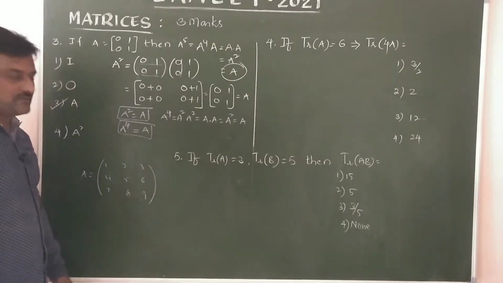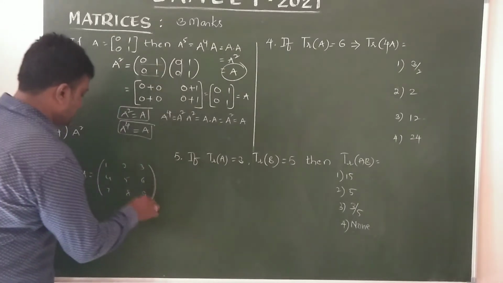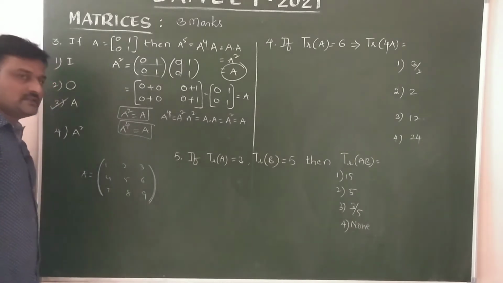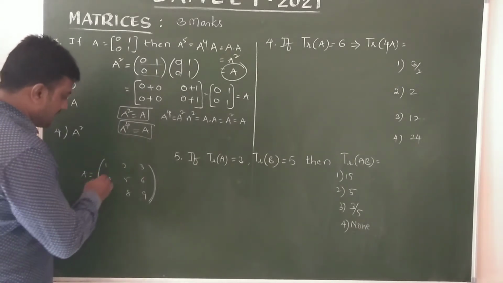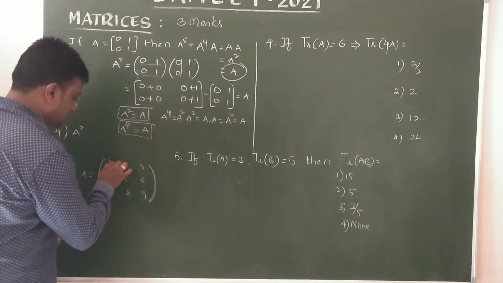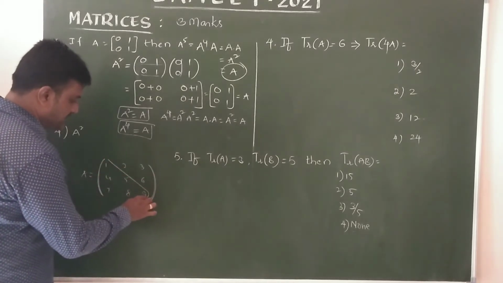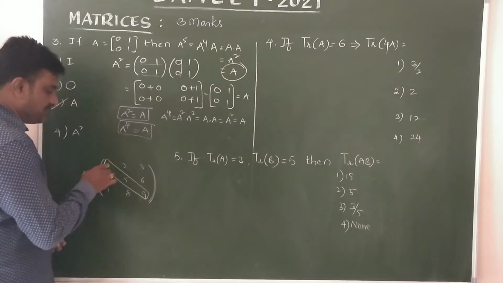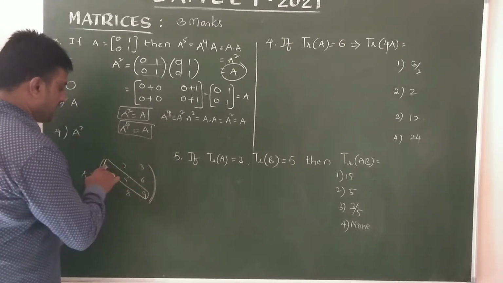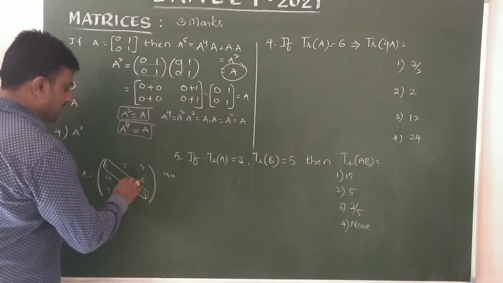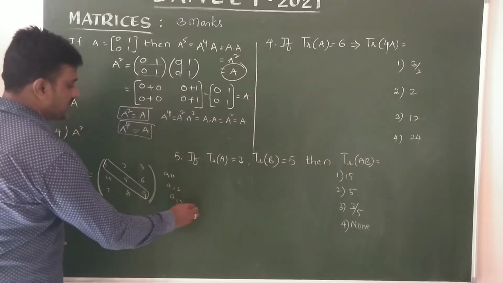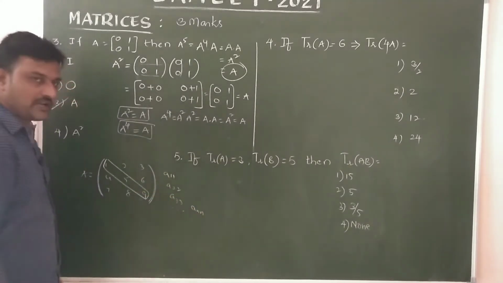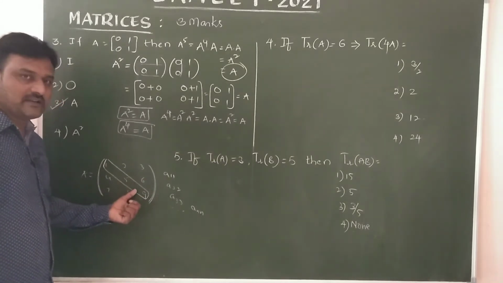We will get the trace only from a square matrix. Now trace is nothing but the sum of principal diagonal elements. It should be principal diagonal elements a11, a22, like this, a33, so on, ann, okay, are called principal diagonal elements.